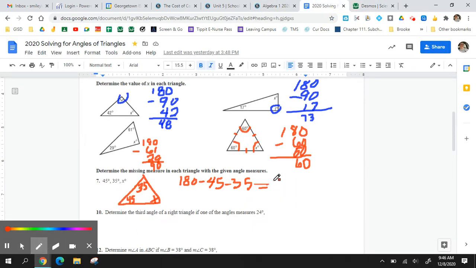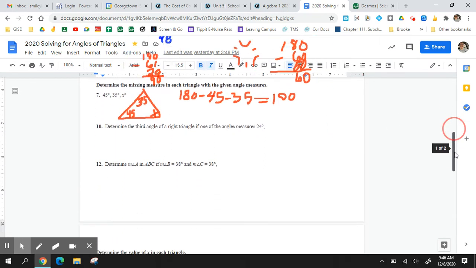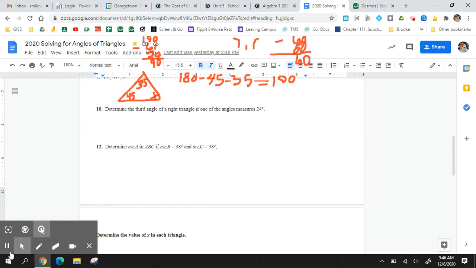Okay, so today is definitely not hard. You need to remember the key is to do 180 minus the information that they give you. So let's look at these next two. Same thing, they don't give us a triangle. We can draw ourselves a triangle, but look, it says determine the third angle of the right triangle if one of the angle measures is 24.